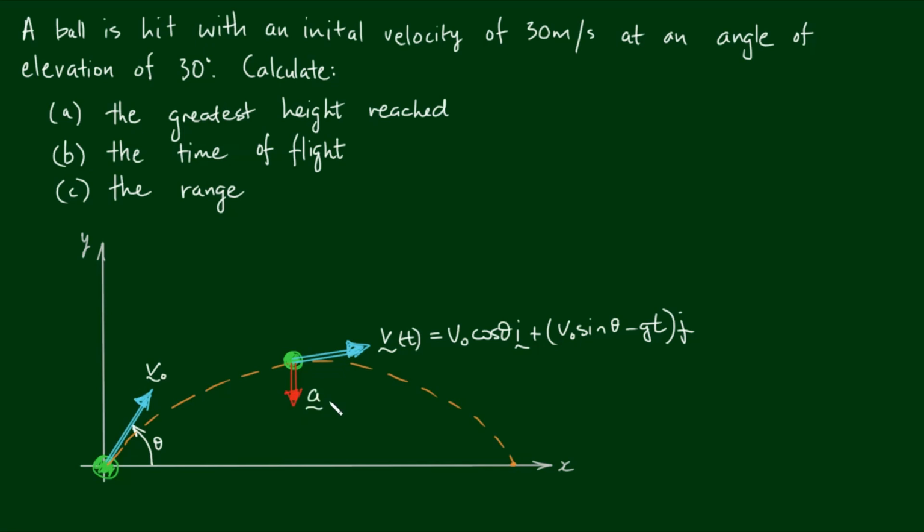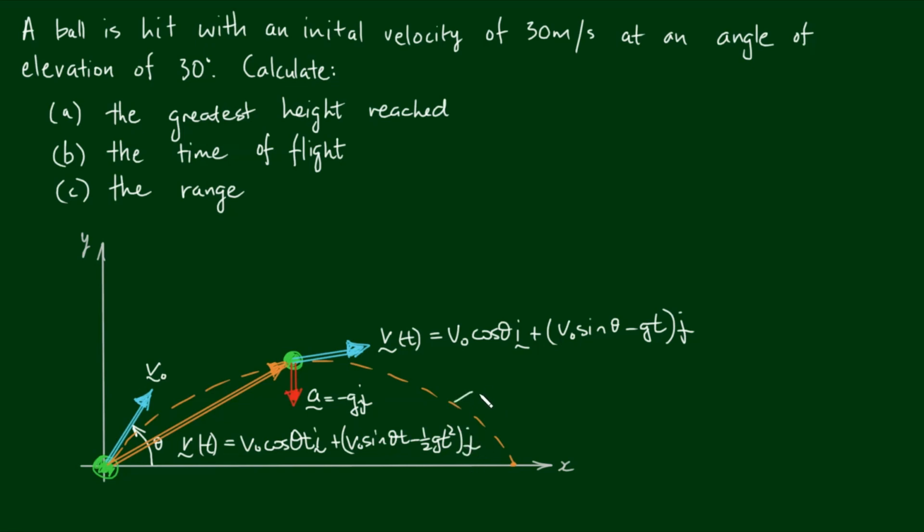The acceleration is always going to be negative g in the j direction, and g for gravity, and we can determine the position at any point during the flight, and that's given by r of t equals v0 cos theta t in the i direction plus v0 sine theta t minus a half gt squared in the j direction.